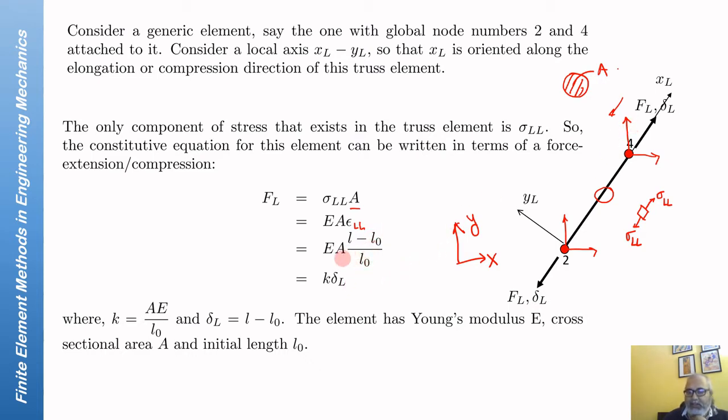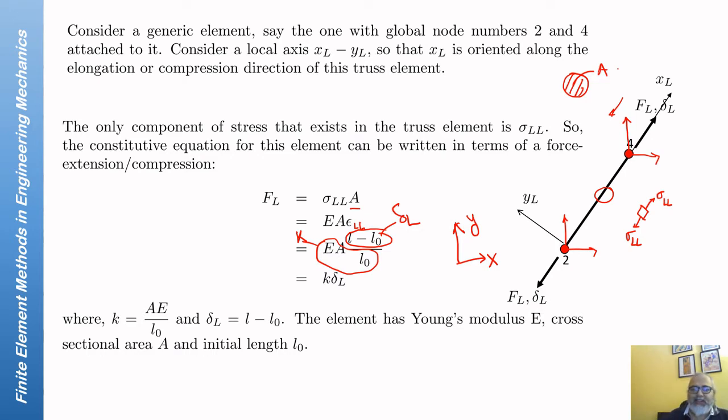And then we take these together and call it K, and this is the change in length which we call delta L. Delta L is the change in length of this bar due to force FL, where force FL is in the direction of the local axis of the element, which runs along the length of the element.